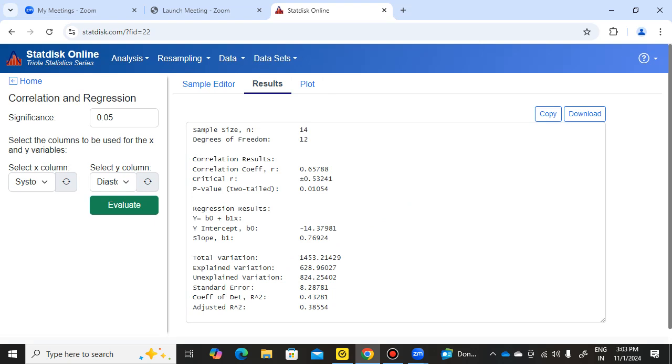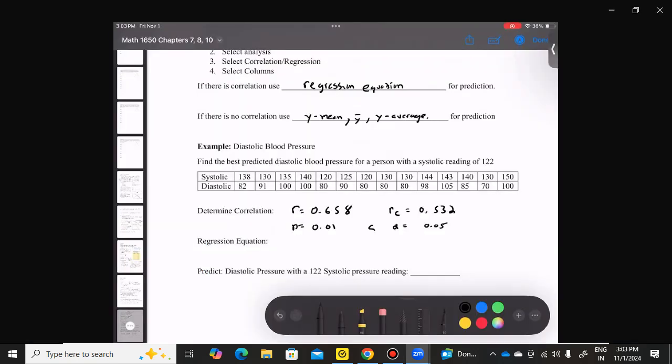And we're going to compare it to a significance level of 0.05. Okay, so p is less than the alpha. And the critical value is less than the correlation coefficient. So the correlation coefficient is greater than. So we do have correlation.